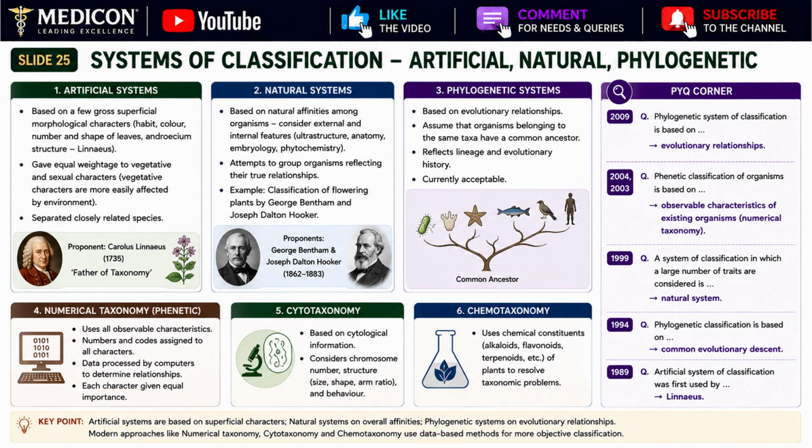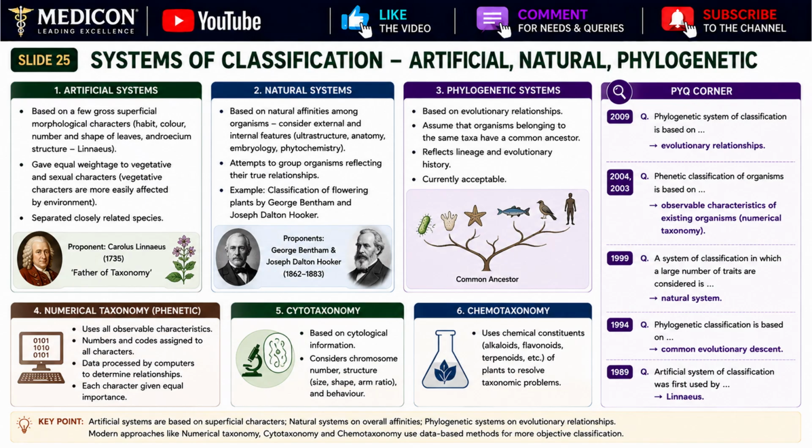Based on natural affinities among organisms, it considered external and internal features, ultrastructure, anatomy, embryology, and phytochemistry, attempting to group organisms reflecting the true relationships. Example: classification of flowering plants by George Bentham and Joseph Dalton Hooker. They used natural close relationships between the organisms, considering the external and internal features.